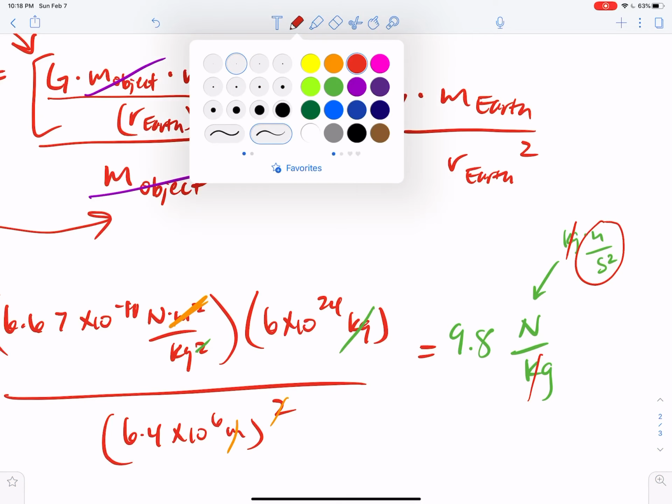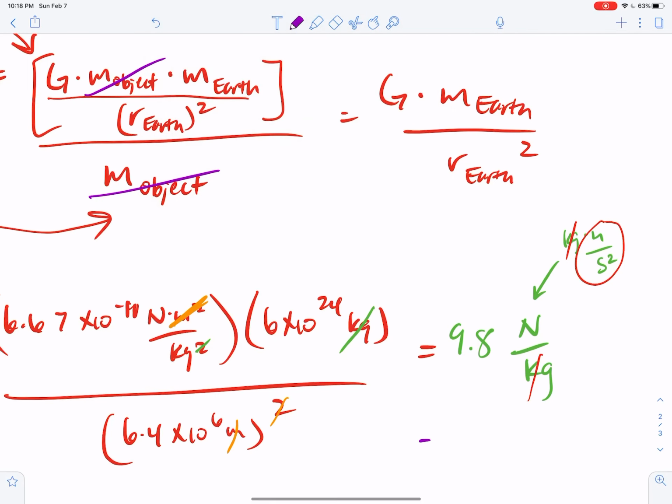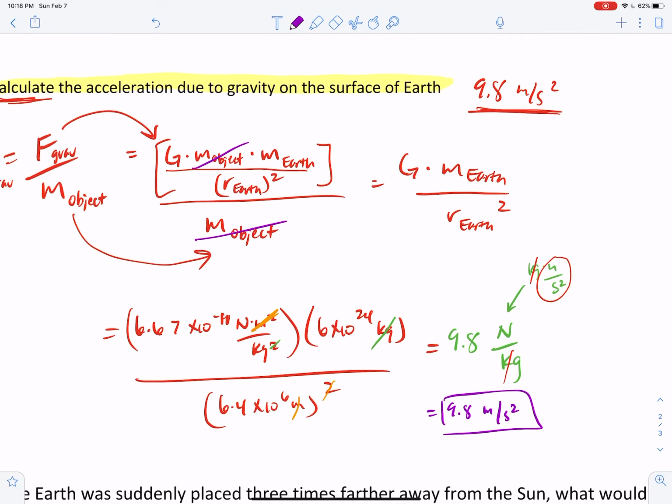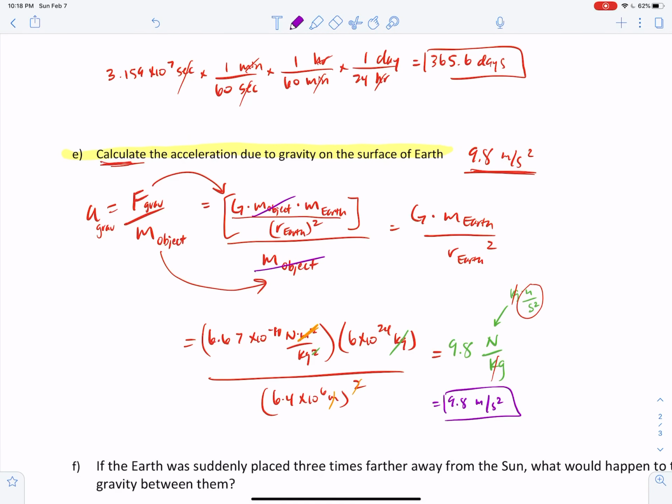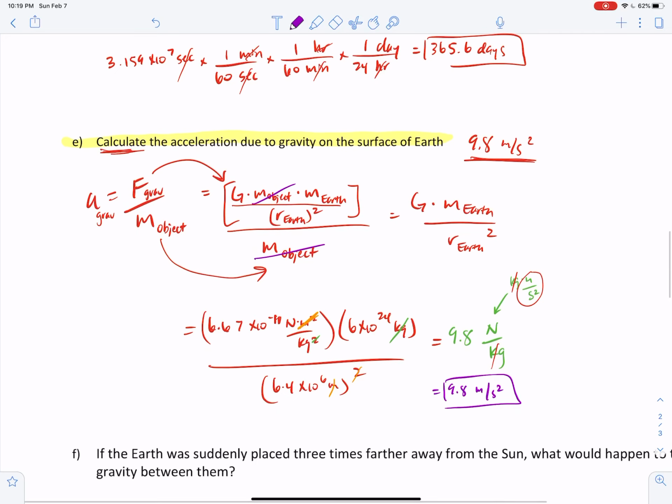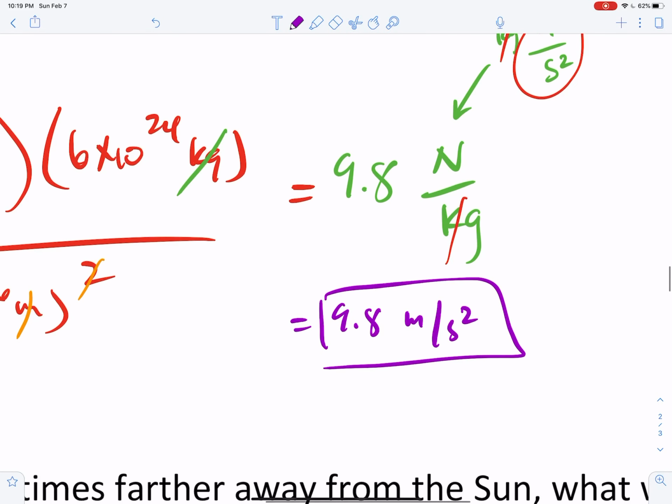And that is why this is equal to 9.8 meters per second squared. So there it is. We have calculated the theoretical acceleration due to gravity on the surface of the Earth, which is exactly what you get as long as you are dropping something with no air resistance.